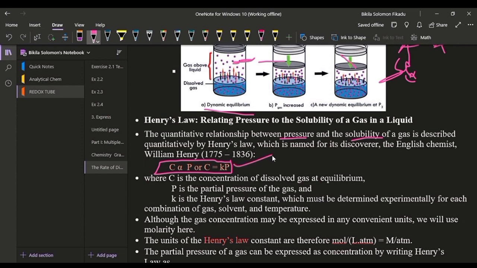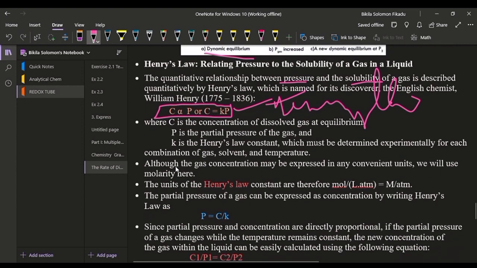So this is called Henry's law. This is Henry's law. So C is concentration of dissolved gas, P is partial pressure of gas, K is Henry's law constant.